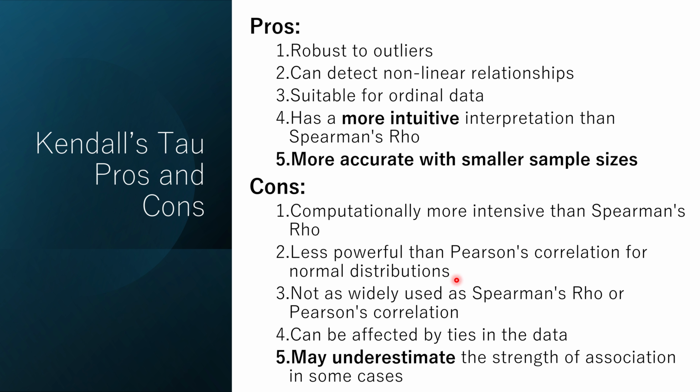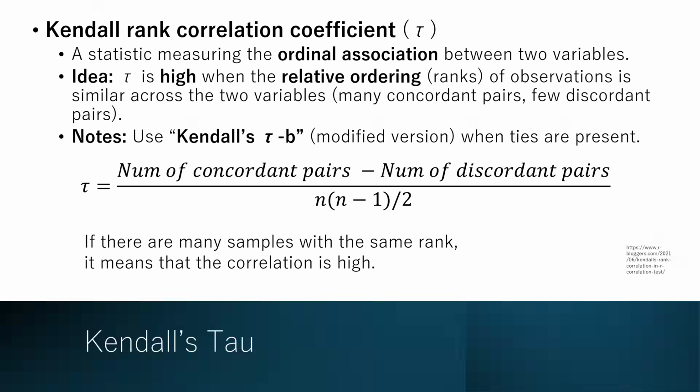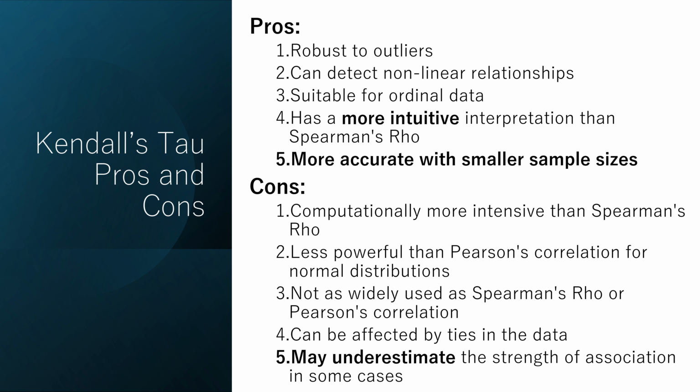So in that case, please use Kendall's tau-b. Sorry. It may underestimate the strength of association in some cases.